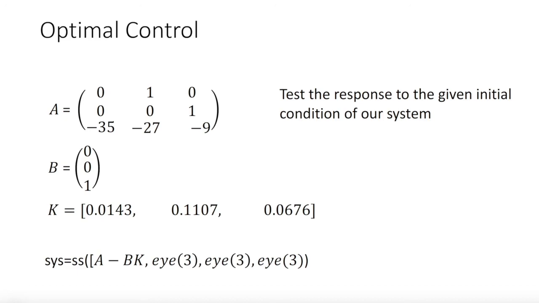Now we are going to show what's going to happen for the states of the system using this control that minimizes the cost function. Our method is LQR.